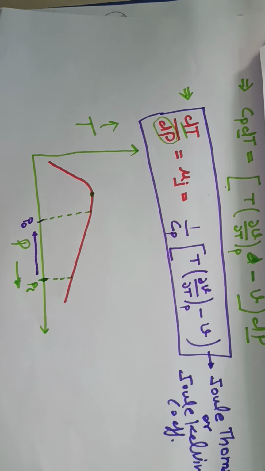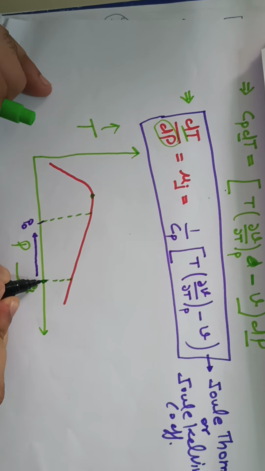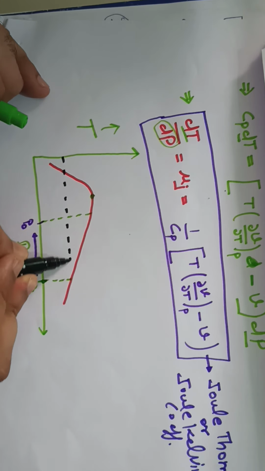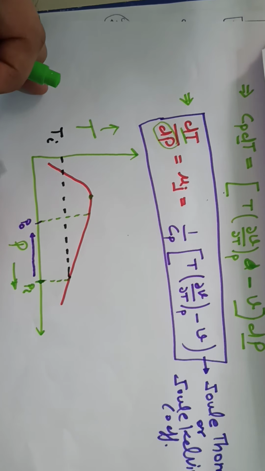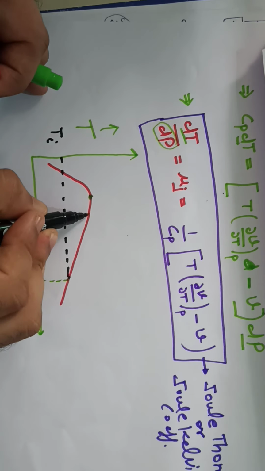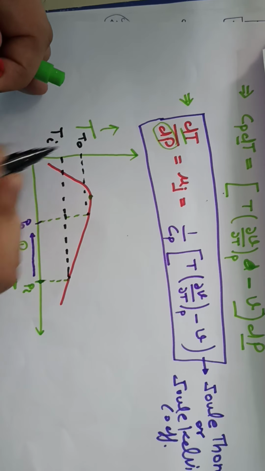see what actually is happening here. What is happening here is very interesting. Initially, for the inlet condition of Pi, what was the temperature? This is temperature Ti. But when the gas undergoes the throttling process, it reaches position P0, and corresponding to P0, the value of temperature is this T0.